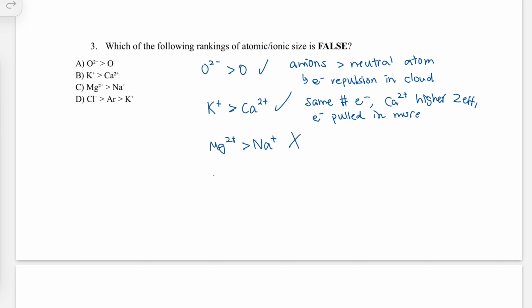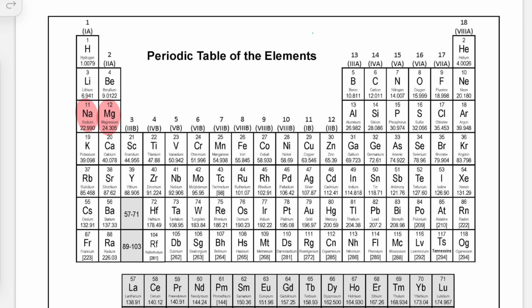And then the final one, let's just confirm to see if this is true. Chlorine, argon, and potassium, which are here. So these again all have the same number of electrons.